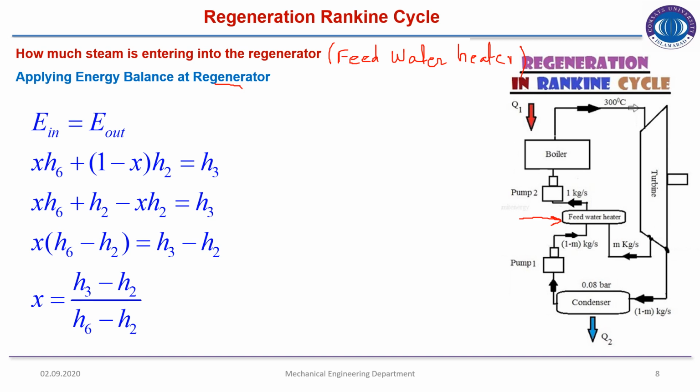So this is state 1, this is 2. Before the pump this is state 3. After the pump this is 4. After the boiler this is 5. After the turbine this is state 6, and this is 7 before the condenser.